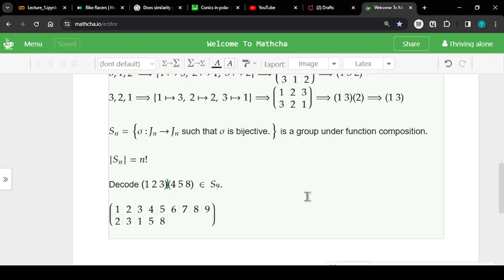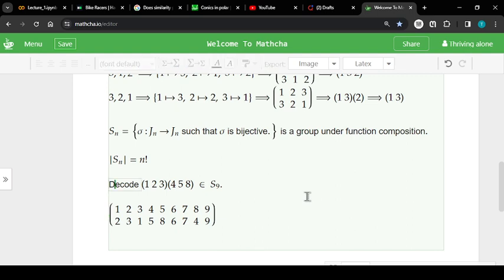And lastly, since this is closed, 8 will in turn be mapped to the first item, that is, 8 is mapped to 4. And 6, 7 and 9 are not mentioned, which means these points are basically fixed points. So this is the permutation.